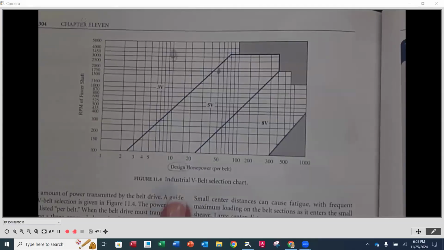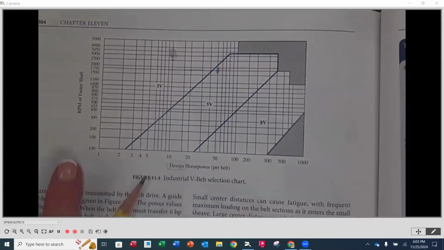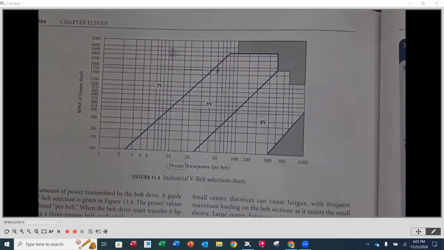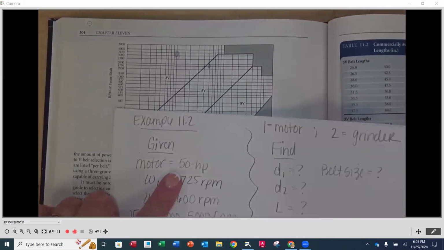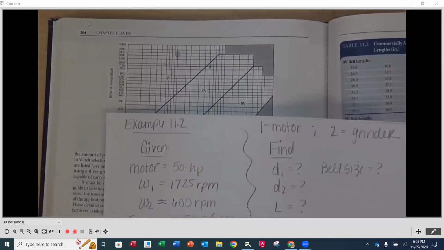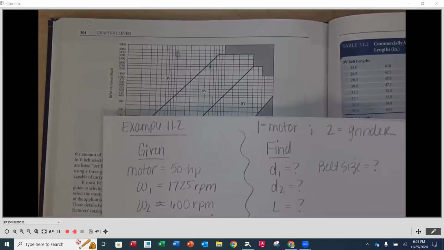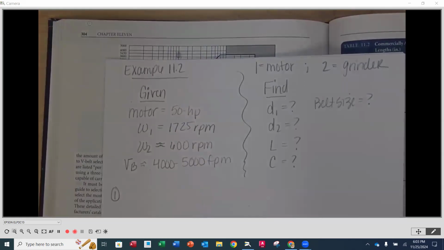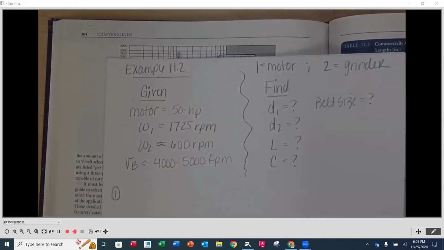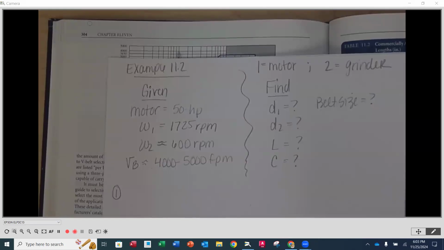As you can see here, we're going to need to know the horsepower and the RPM of the faster shaft. So what numbers are we going to use here? What's the horsepower that we're going to use? 50, right? And then what's the RPMs that we're going to use? Nope, this is RPM.